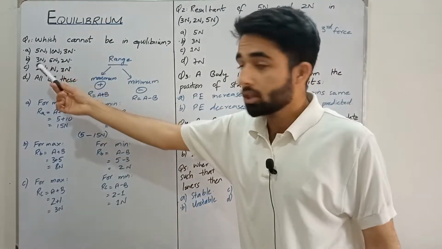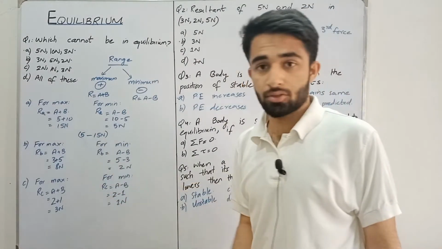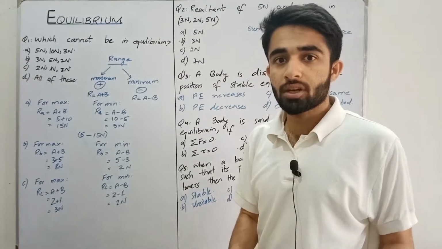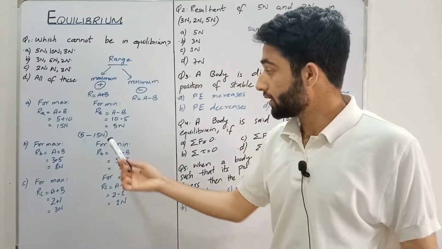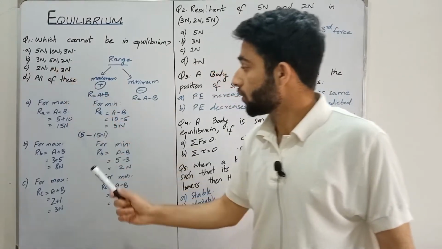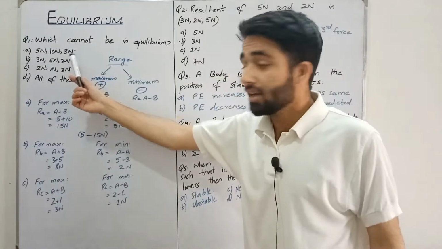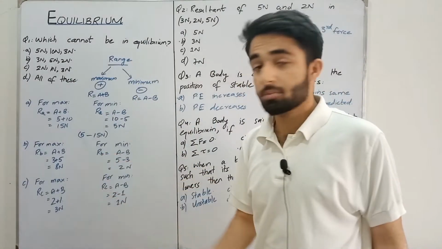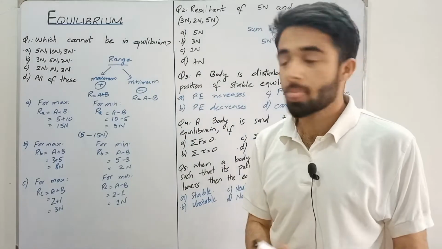In part A, the 5 and 10 are located in this range, but the third force, which is 3 Newton, is not inside this range. It means that in part A, this set is not in equilibrium.